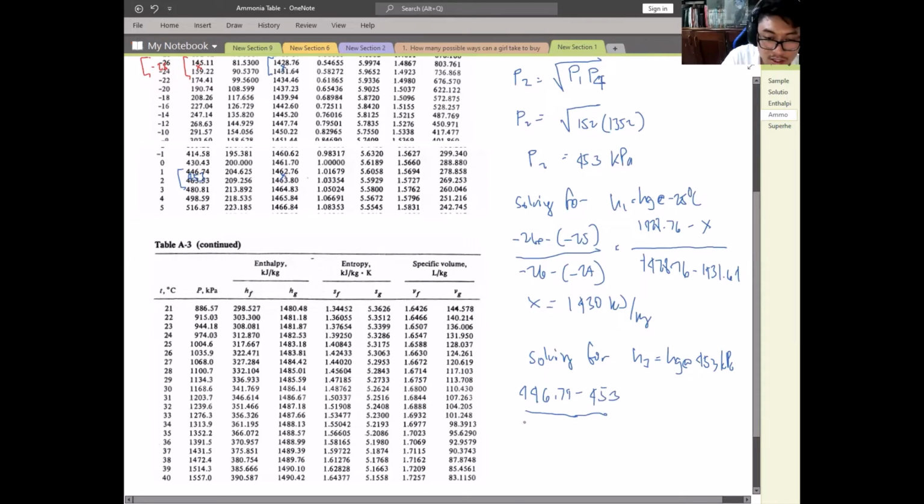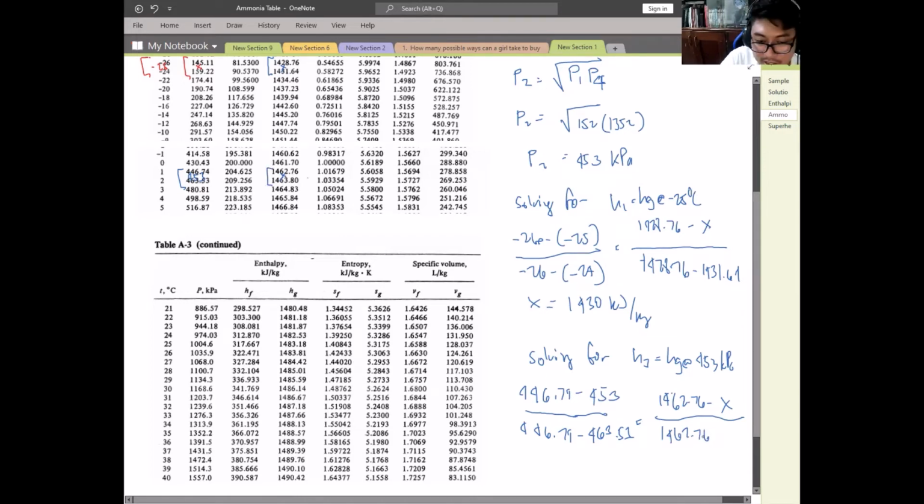Then yung ating upper limit minus the lower limit, 463.53. All over. So same, ang ating HG is 1462, katapat ng 446. Okay, 1462.76 minus X. Kasi unknown yung 453. Tapos katapat ng 446, same 1462.76 sa HG. So, lagyan natin ng bracket.